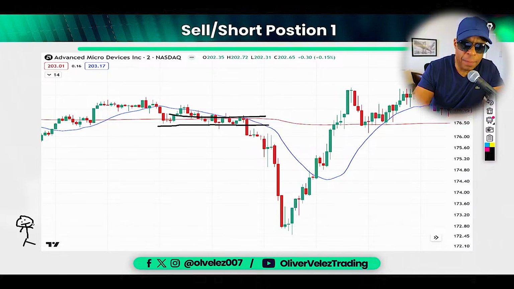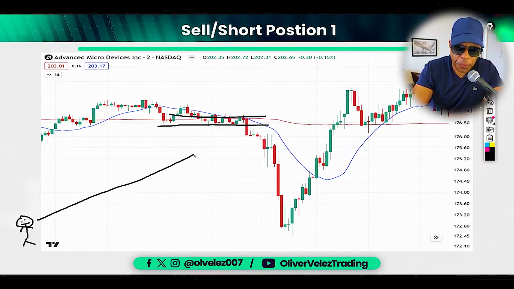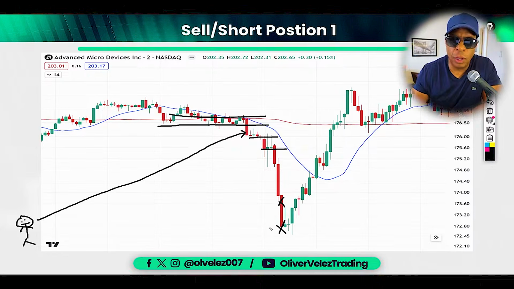Once you see that red bar break down below the narrow state, you send that missile. Color change add. Boom. Color change add again, as long as it's not too far. That's fine. Boom. Profit take, profit take. Go to the beach. La playa.